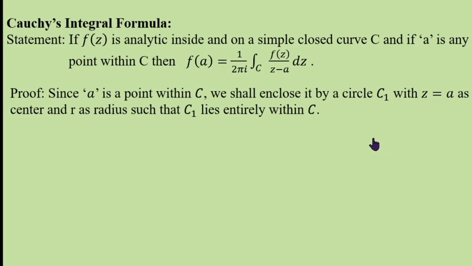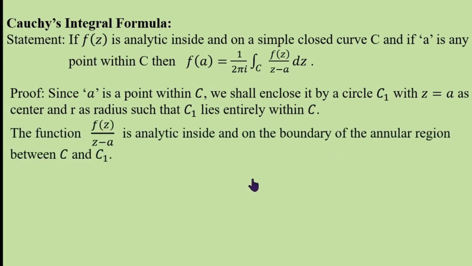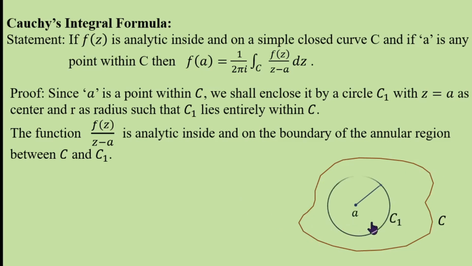Now, see this is your closed curve C. Now take any point within C, a is any point inside C. Consider a circle of radius r. The circle C1 is entirely inside the closed curve C.